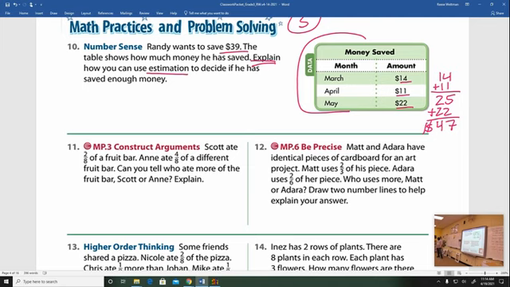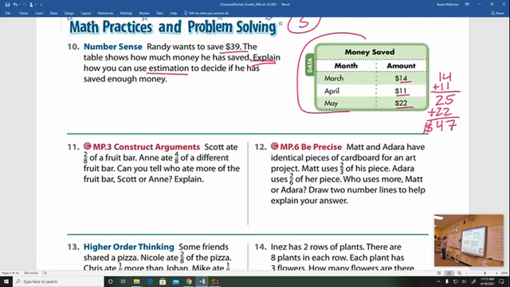How can we throw something in about estimation? It's a good sentence, but how can we throw something in? Wilkins? Randy has enough money because 22 plus 11 plus 14 equals 47, so he has more than he needs. He does. You guys both wrote excellent sentences. You're both missing the part about estimation.